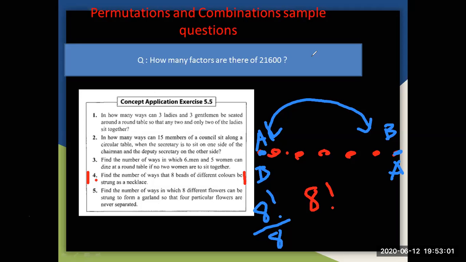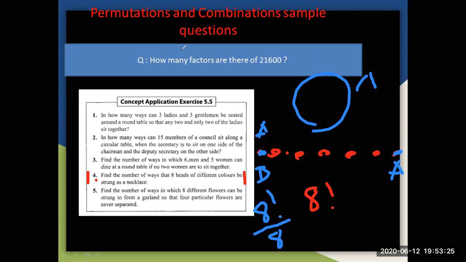There's a consideration with symmetry. So if object A is over here and B, C, D, E on this side, or whether they go to the other side, it doesn't matter.